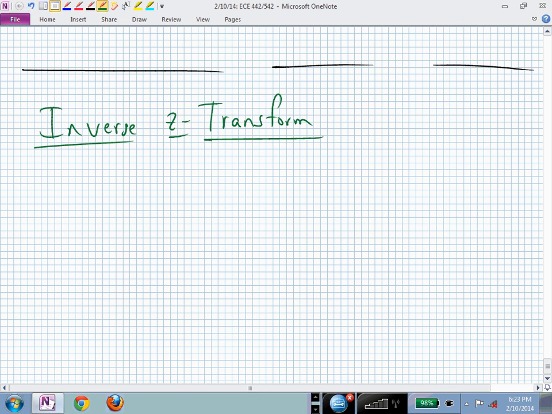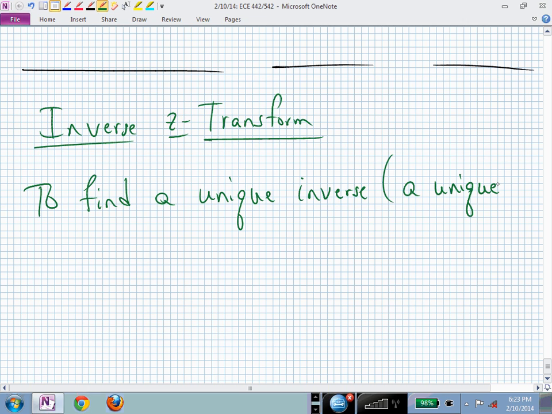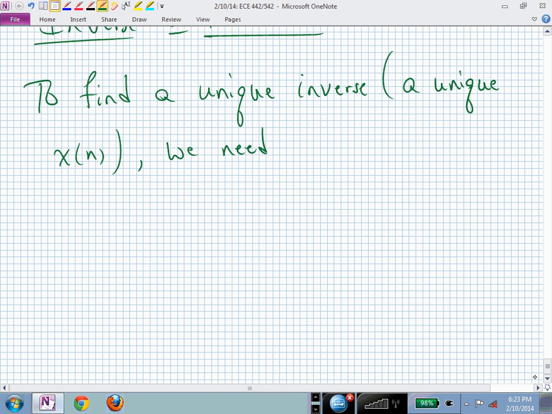If we're inverse Z transforming, in order to find a unique inverse, by which I mean a unique x of n, we actually need two things.